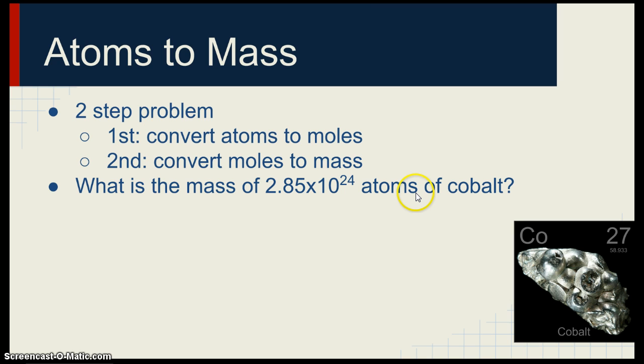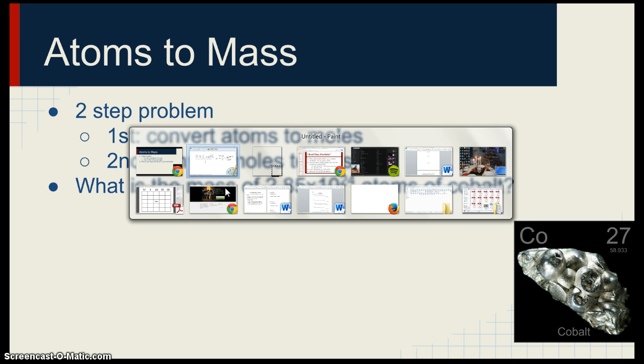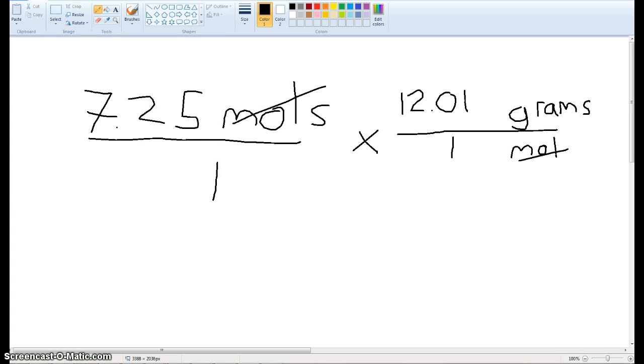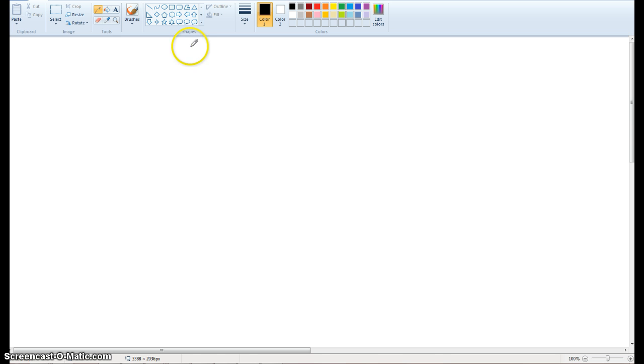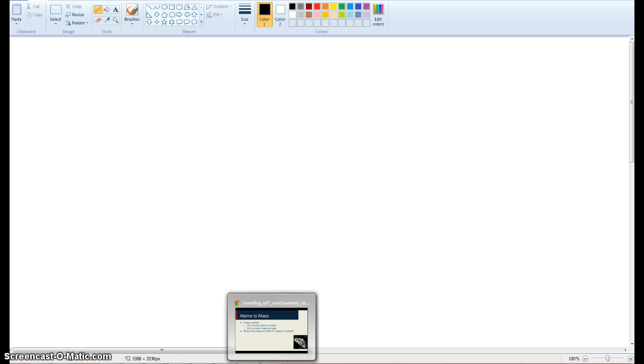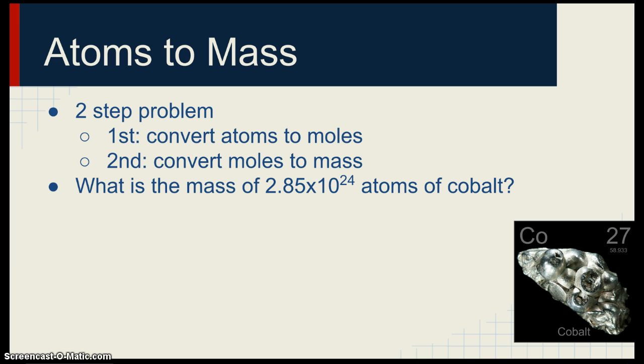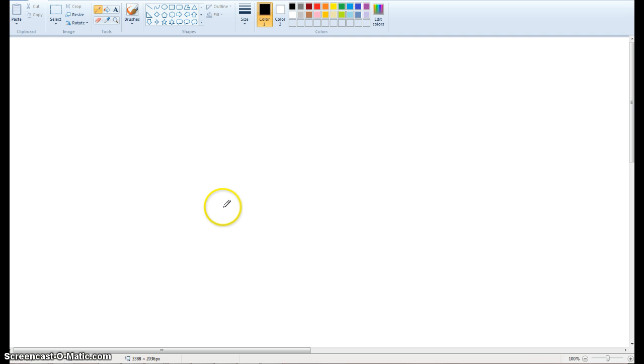So you're starting with atoms, and we're looking for mass. But again, we have to stop off at moles first. So let's take a look at this. Let's go back and see exactly how many that was: 2.85 times 10 to the 24th atoms.